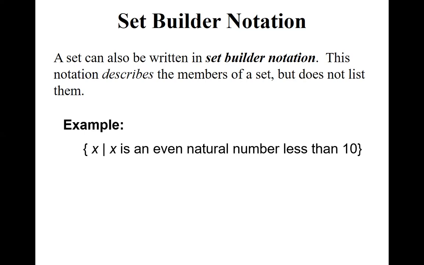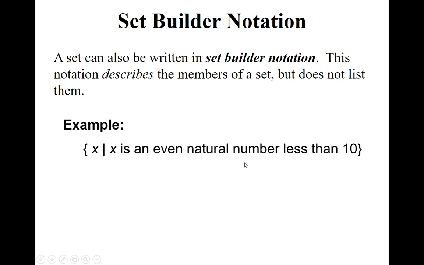What? Let's break that down again. So this is a set. We have the braces, so it's a set. And the first thing listed in set builder notation is what qualifies as a member. And what qualifies as a member is an x. What is an x? So this vertical bar means such that x is an even natural number less than 10.